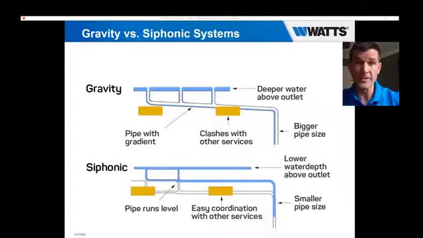What this slope does is change the angle of the piping through the building. It makes it more difficult from an engineering and installation standpoint to get around other services in the area, other piping, vent work, and so forth. So it makes it more difficult in the design practices.